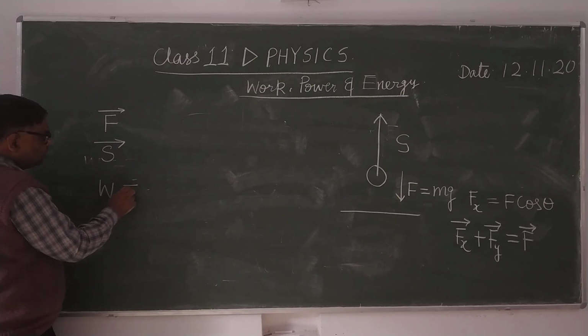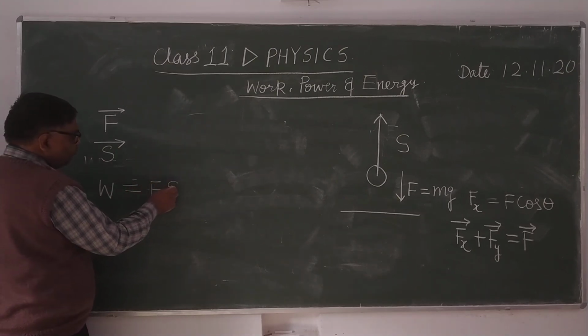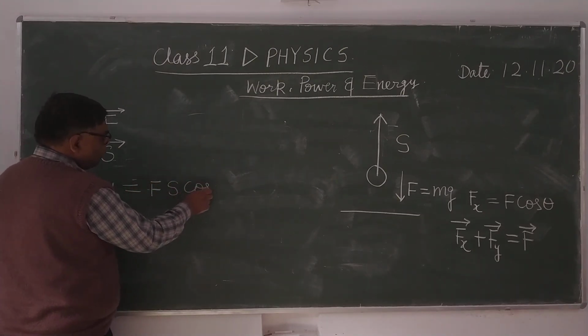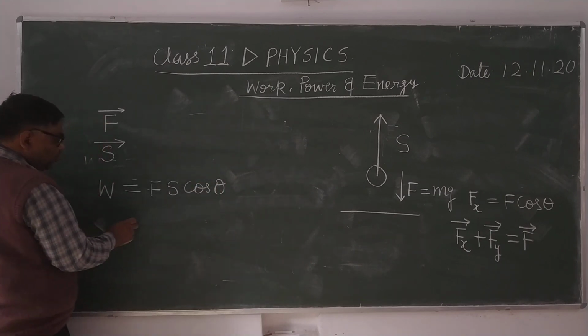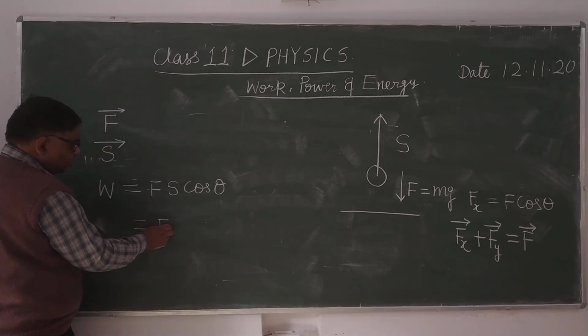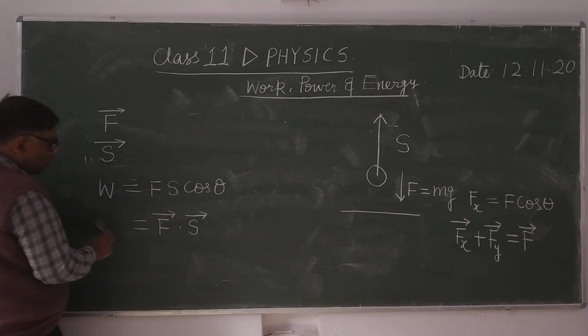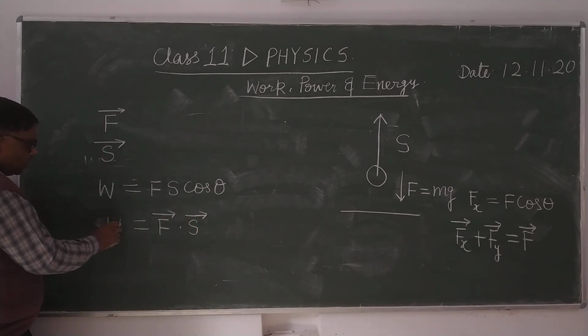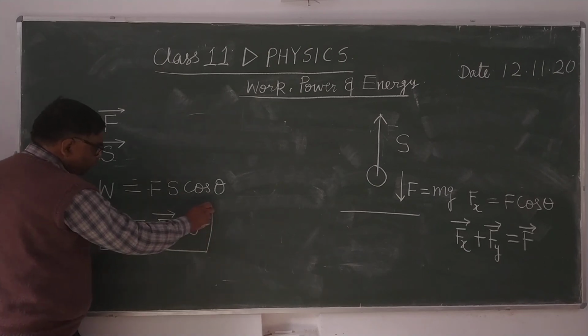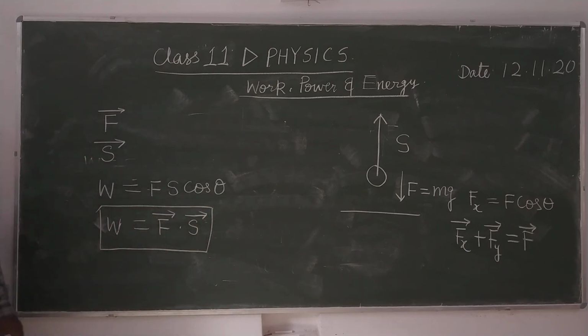How can you write this expression in vector notation? Fs cos theta, so we can write it as work equals vector F dot vector s.